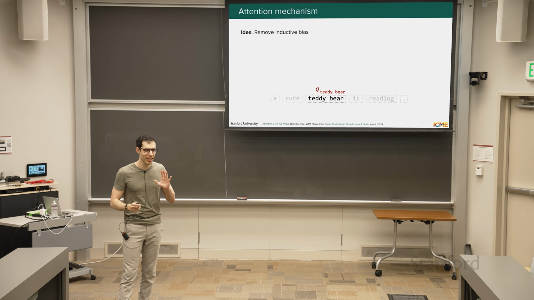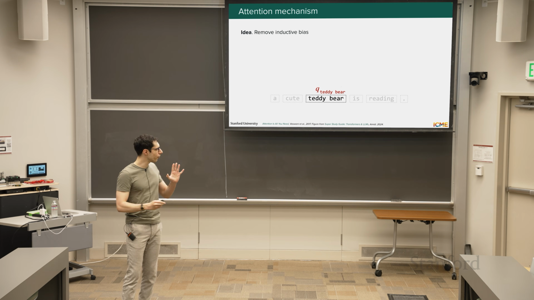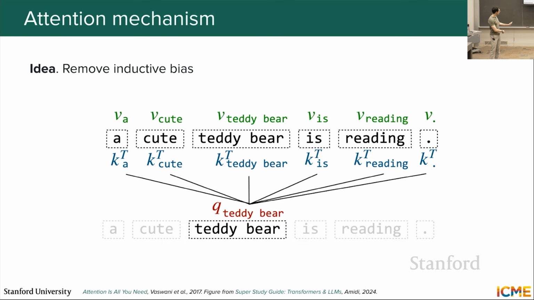So what you have is a concept of queries, keys, and values. What you're wondering is, if you have a query, a text, you want to know how relevant or how similar all the other pieces of text, aka tokens, are.